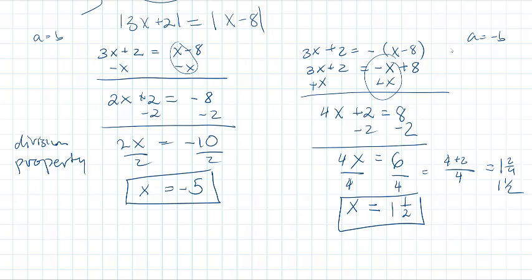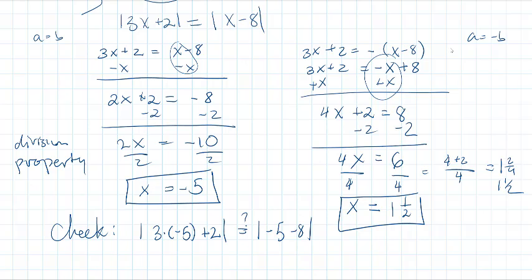Okay, we should check our results. First for x equals negative 5, the way we check is by substituting in our original equation. So we have the absolute value of 3 times negative 5 plus 2 should equal the absolute value of negative 5 minus 8.